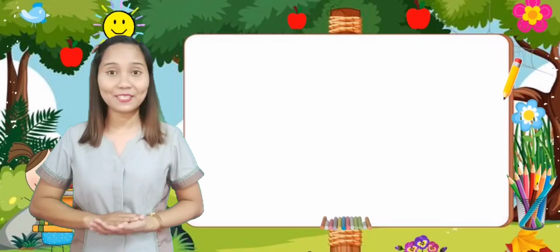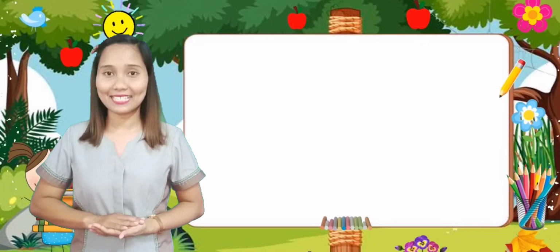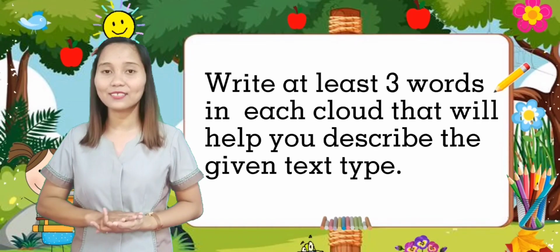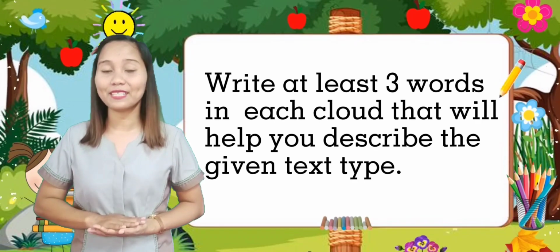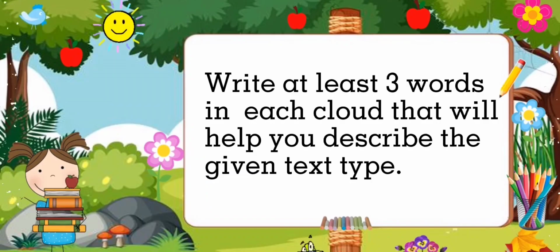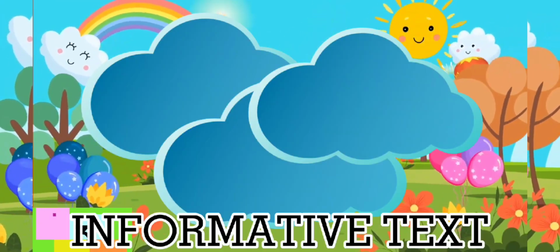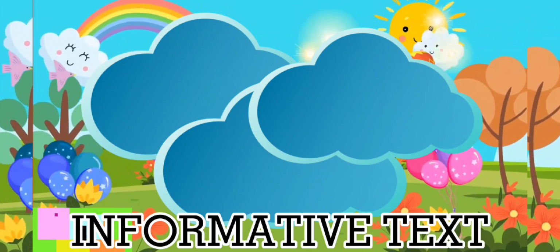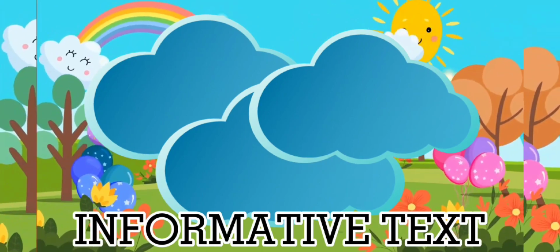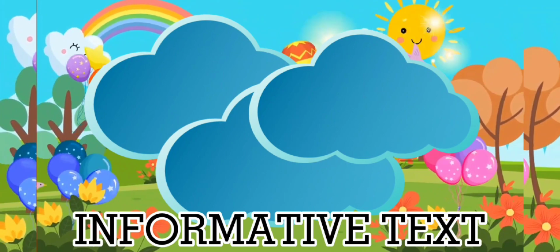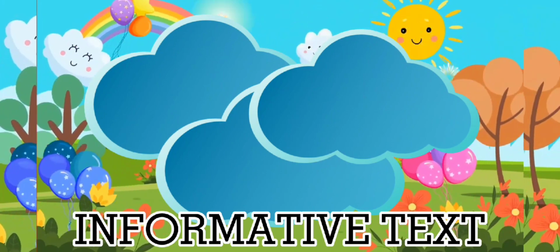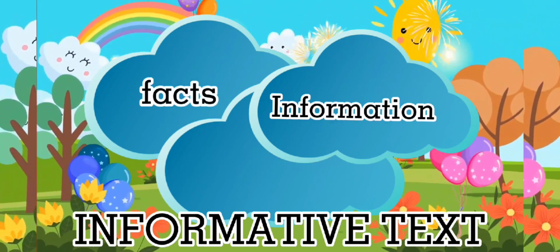The second assessment is to write at least 3 words in each cloud that will help you describe the given text type. The words to describe an informative text type are information, facts, and how-to.